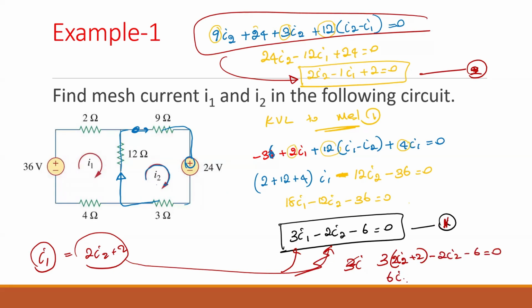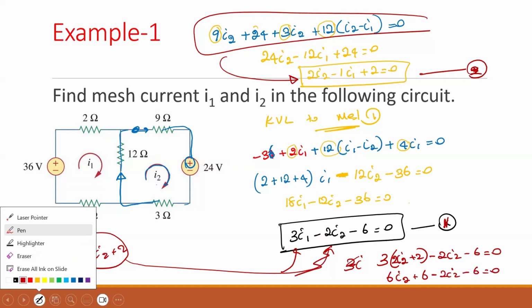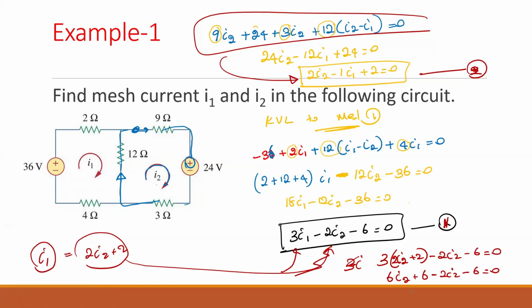So we have 6I2 plus 6 minus 2I2 minus 6 is equal to 0. So you can say 6 minus 2, 4I2 is equal to 0. So I2 is equal to 0, isn't it? So your I1 will be 2 amps. So I1 is 2 amps and I2 is 0.